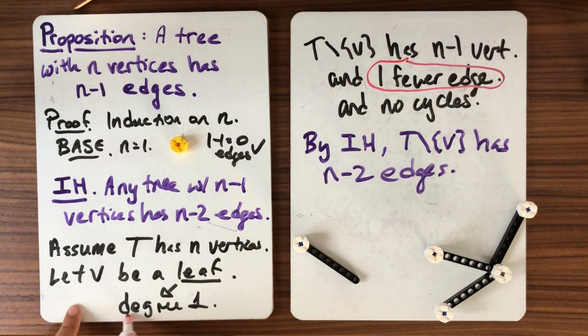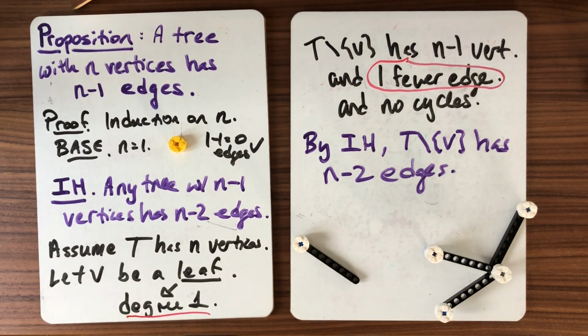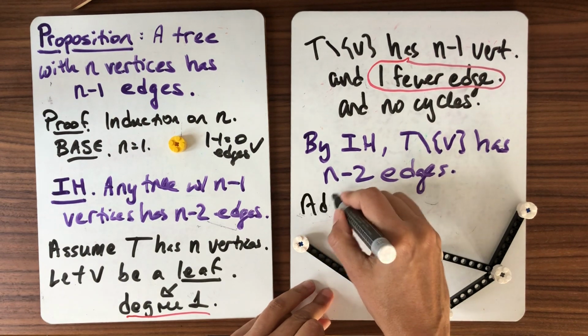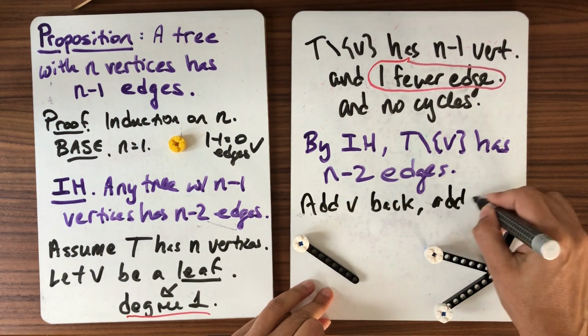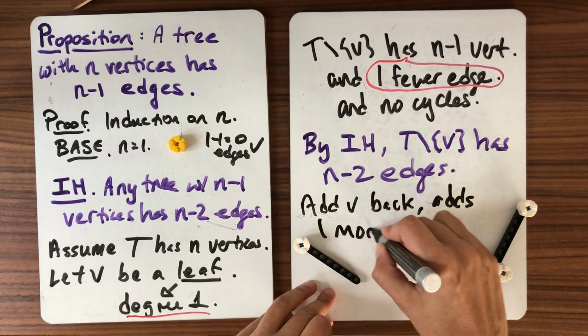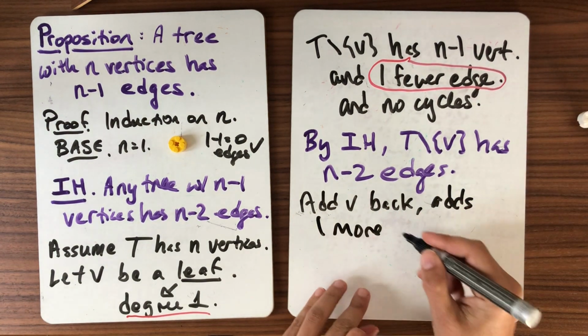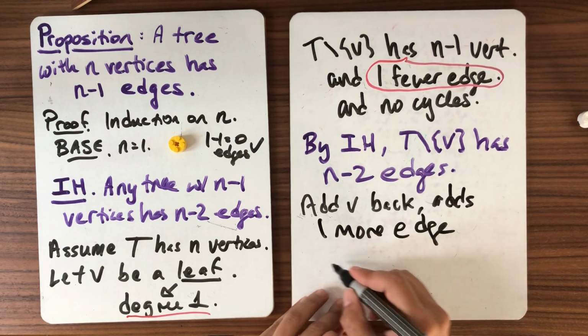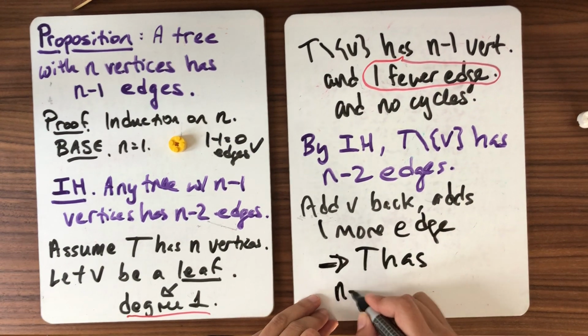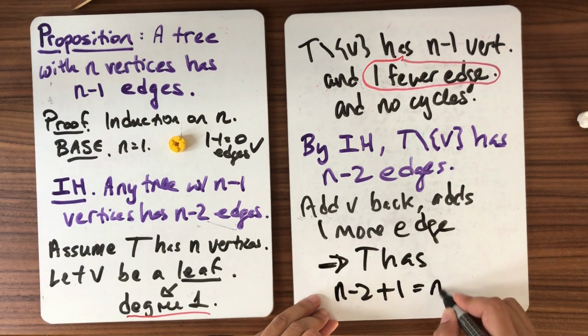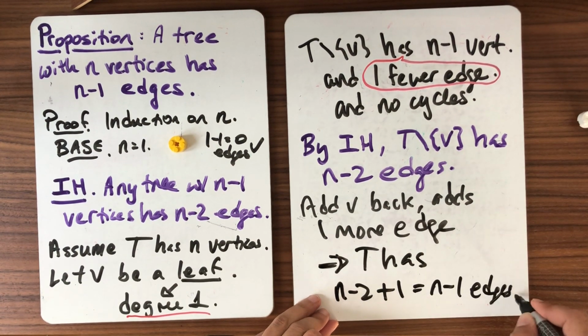Because I had a degree 1 vertex. So now I'm going to add V back, which adds one more edge. That implies that T has n minus 2 plus 1 equals n minus 1 edges.